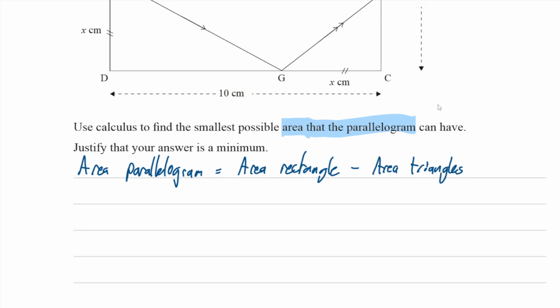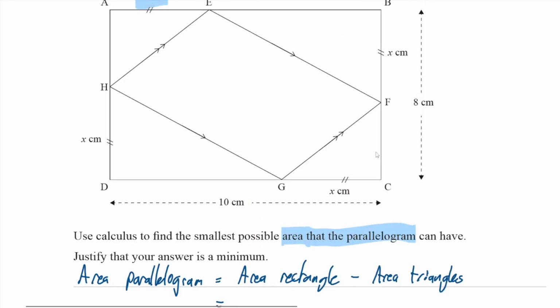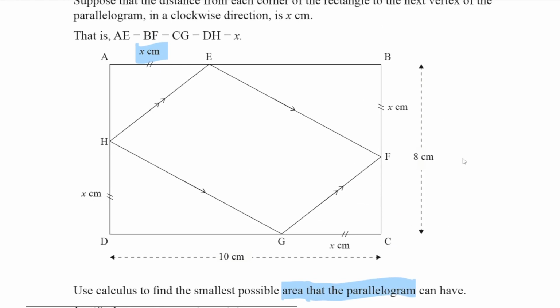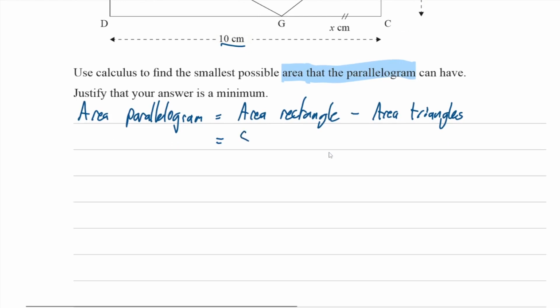Just writing a pseudo equation, just so I know where I'm heading. So the area of the rectangle, 8 times 10, width times length, which is 80. Nice. Minus the area of the triangles.